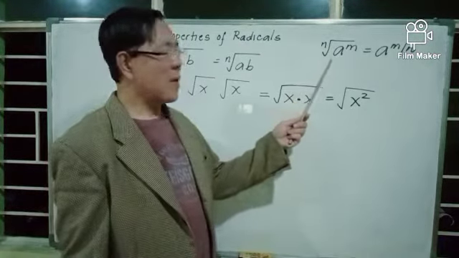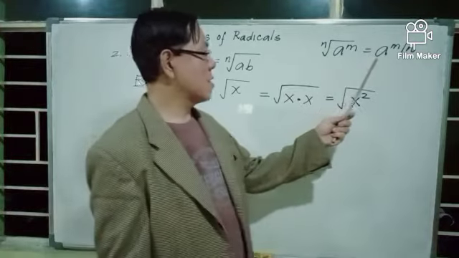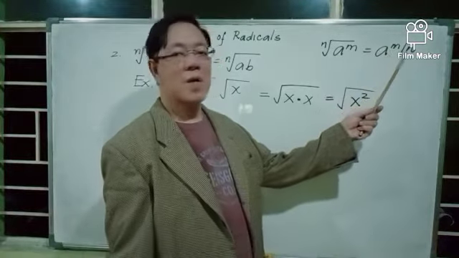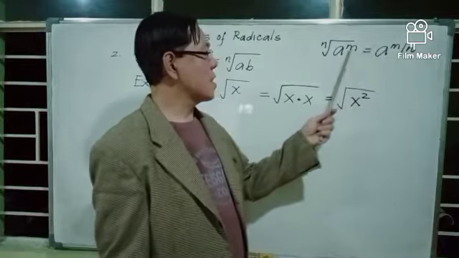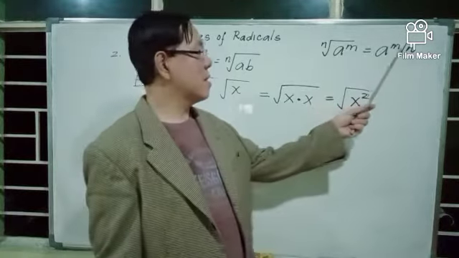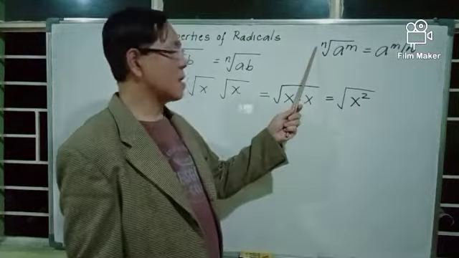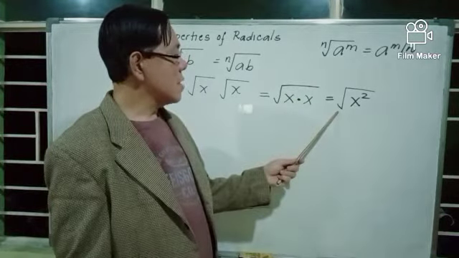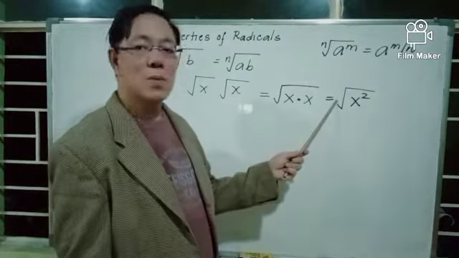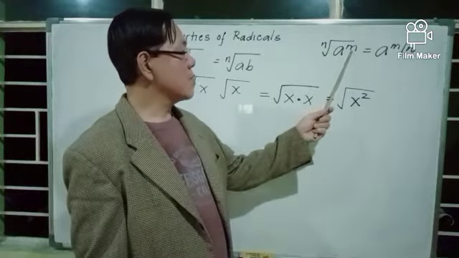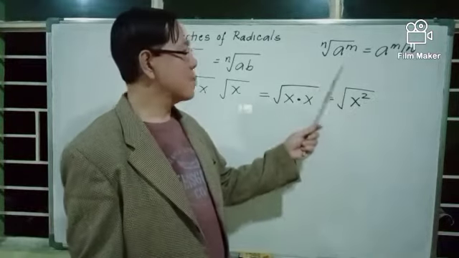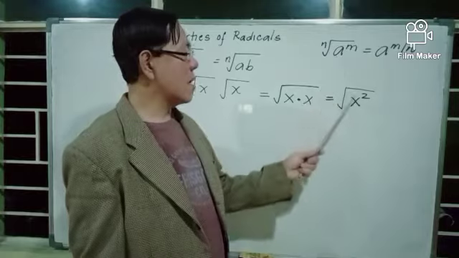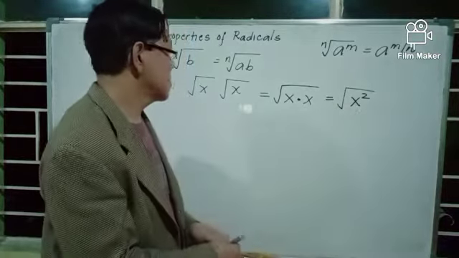The nth root of a to the m equals a raised to m over n, where m is the exponent of the radicand and n is the index of the radical sign. Here the index n is 2, the exponent m is 2, and the base a is x.